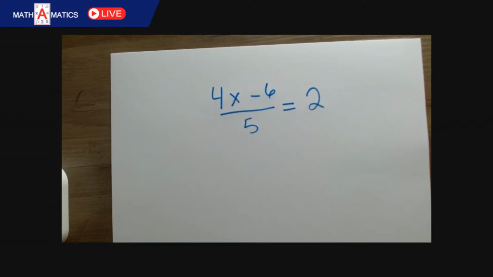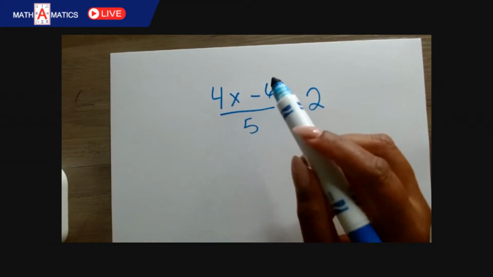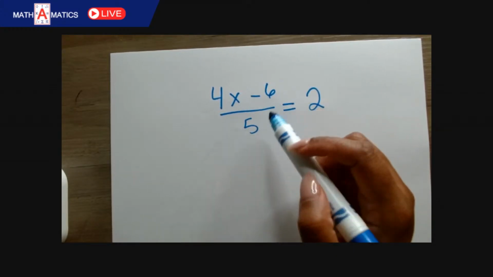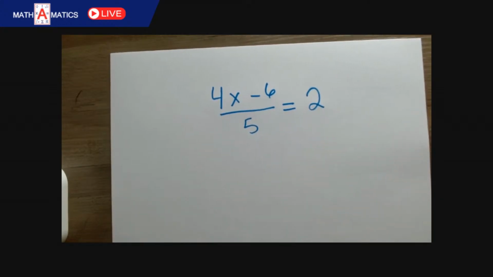So everybody gets a little nervous when they see this fraction of 4x minus 6 over 5 and seeing that 5 in our denominator. It really tricks students up, whether it's an x or whether it is just a number. But what's really happening there, we are dividing.